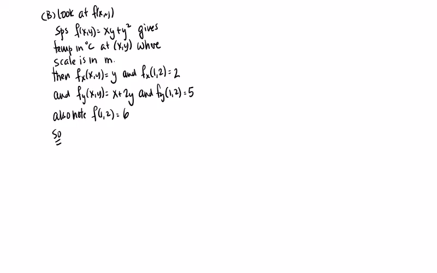This tells us the following. If we draw a regular xy plane and go to the point 1, 2, we can actually say three things about this point. At the point 1, 2, the temperature there is 6 degrees Celsius, because that's what f tells us.